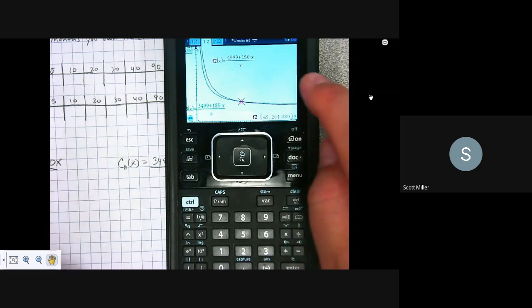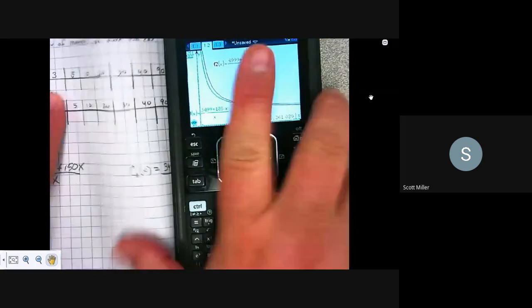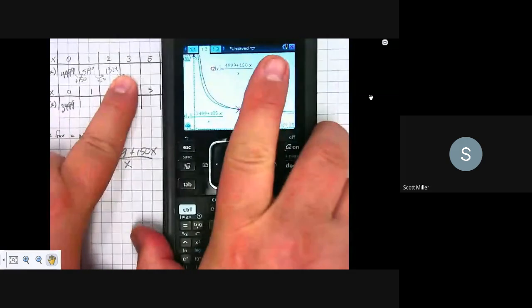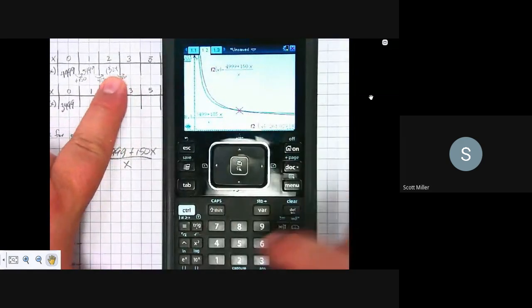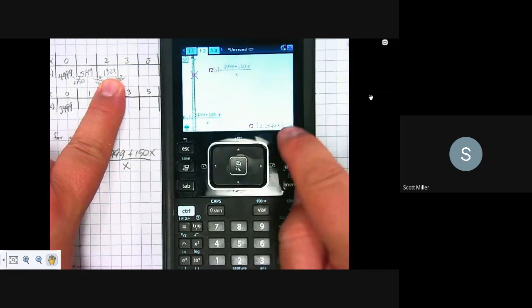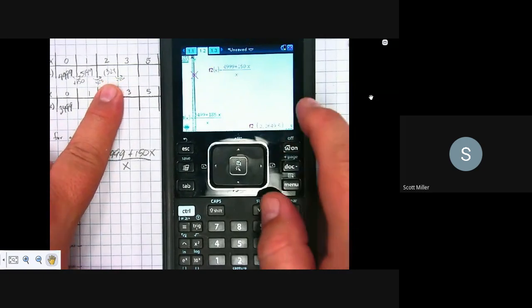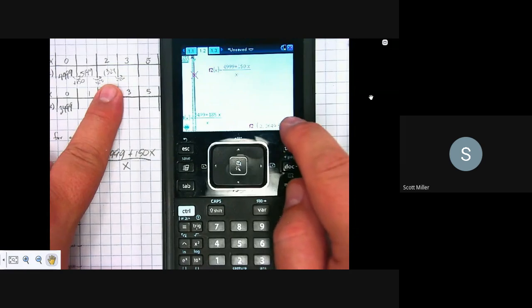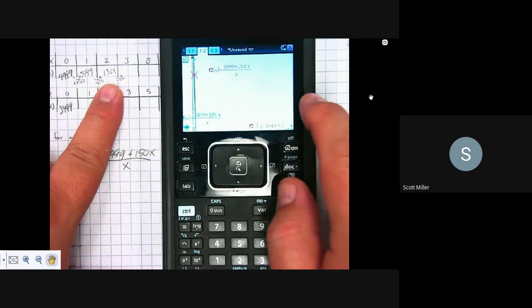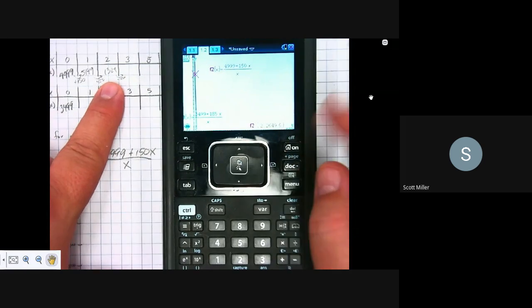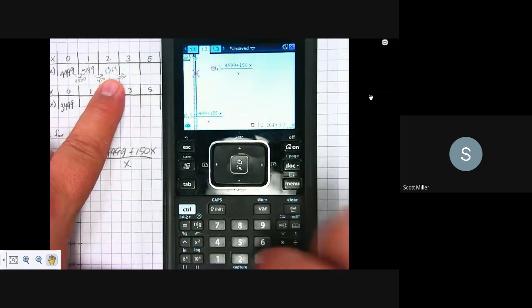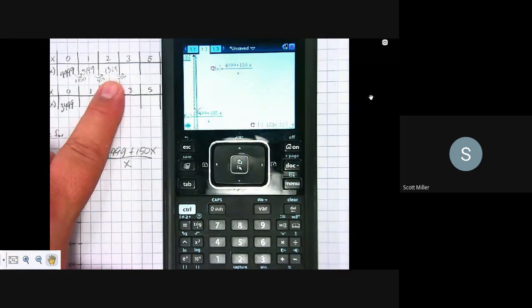So we can then type in any number I want. So like over here, I can type in the 2, and then I can hit enter, and it will tell me the Y value for the 2. And somehow I have the wrong number. I know what I did. But anyway, let's go to 3, and we'll enter in these numbers.